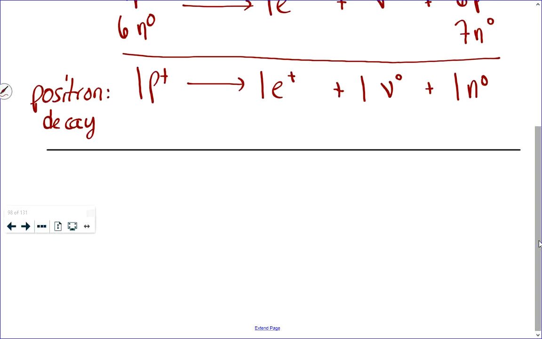If you compare that to beta decay, and I'm not going to write a beta decay equation, but that's where you have an electron and an antineutrino produced.